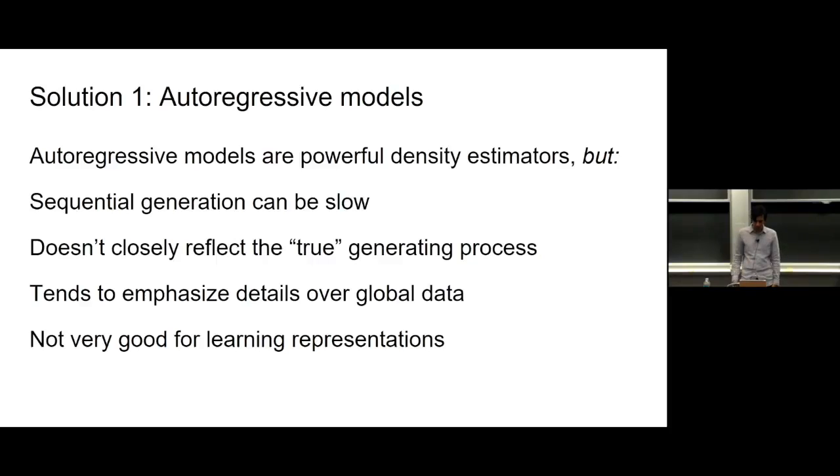The second thing that is troubling about autoregressive models is that we want our networks, in a sense, to reflect as closely as possible structurally the process that we think generated the data. By this, I mean we don't want to generate a picture of a dog by deciding on the value for the top left pixel and then deciding on the value for the next pixel and then the next pixel.